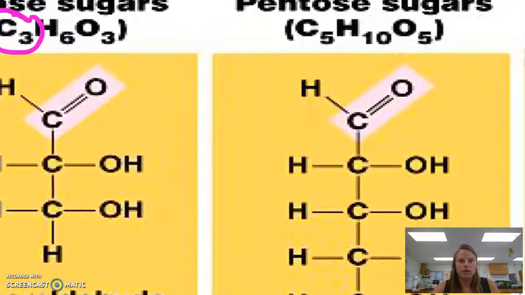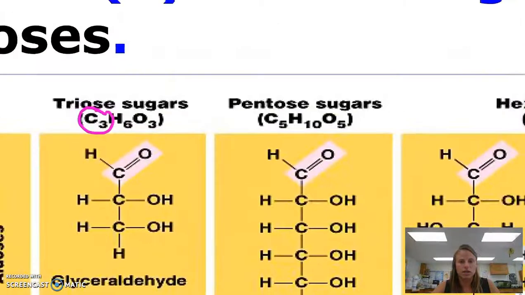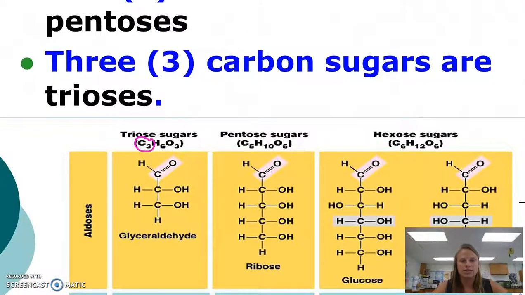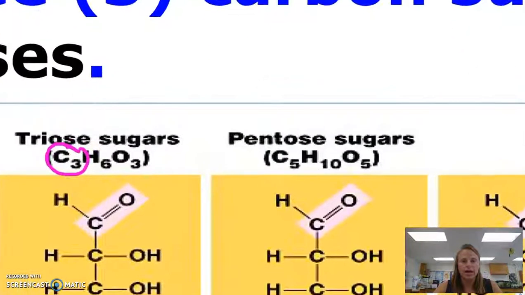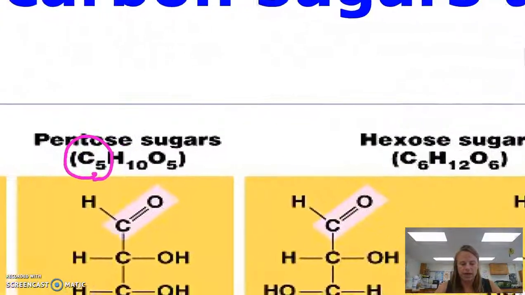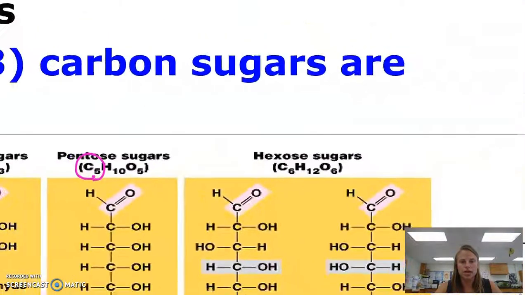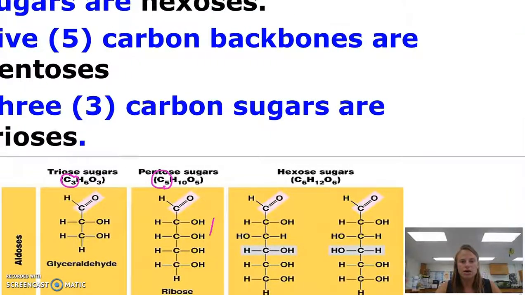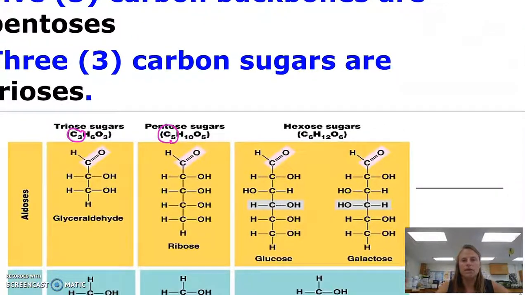We could look over here at the pentose sugars. An example of a pentose sugar, as I said, is ribose, where pentose sugars are going to have 5 carbons. Lastly, if we look at hexose sugars, those that have 6 carbons, popular 6 carbon sugars are glucose and galactose.